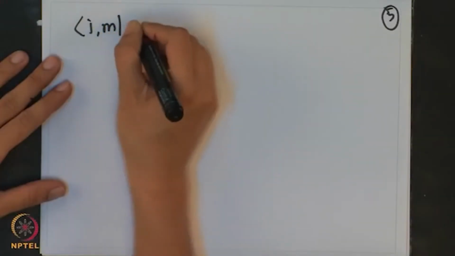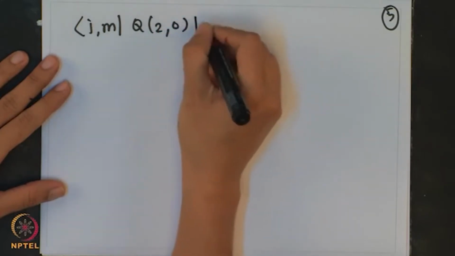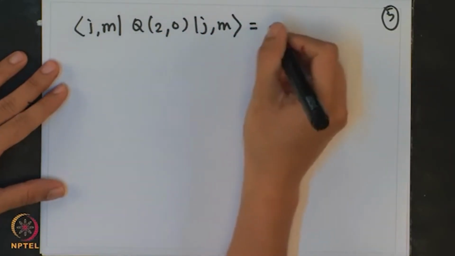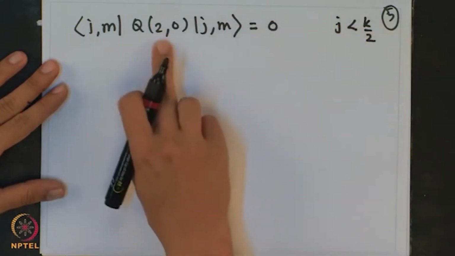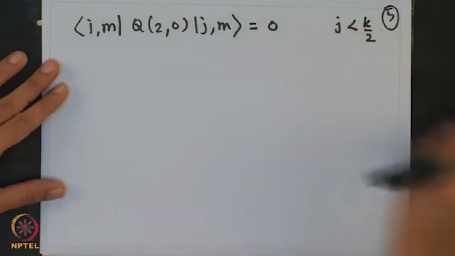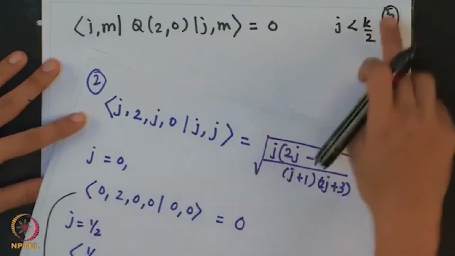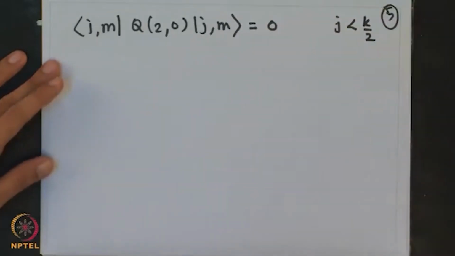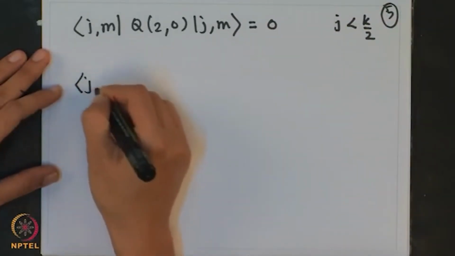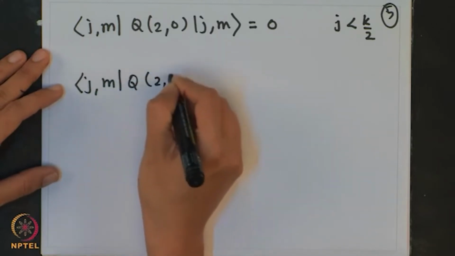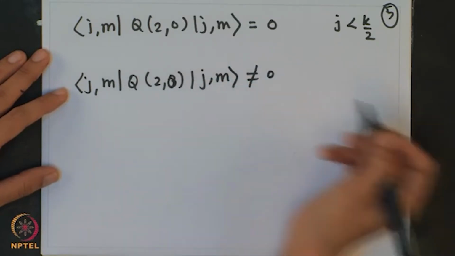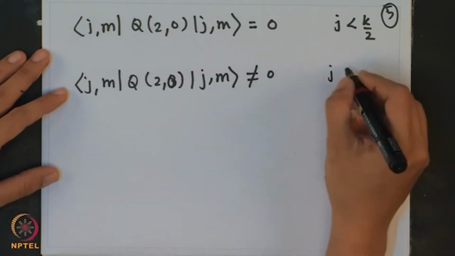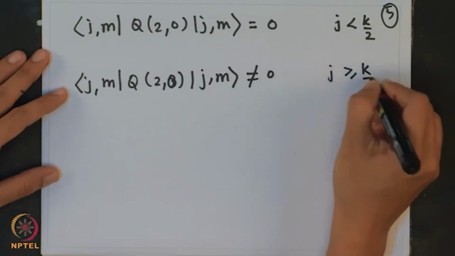In general I can write this as j comma m q 2 comma 0 j comma m is 0 when j is less than k by 2. So, k is 2. So, when j is less than 1, when j is 0 or half, this quantity is 0, while j m q 2 comma 0 j m is not equal to 0 when j is greater than or equal to k by 2.